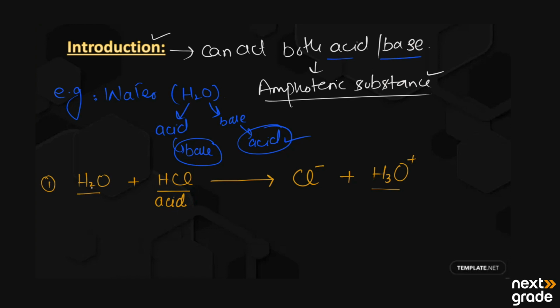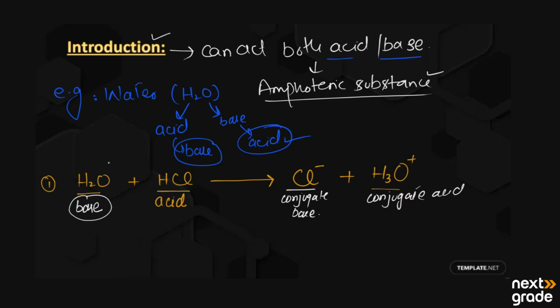On the other hand, as the water accepts the proton, it acts like a base, and that base has produced an acid, H3O positive, so it is known as the conjugate acid. And chloride ions, as they have been produced from the acid, are known as the conjugate base.